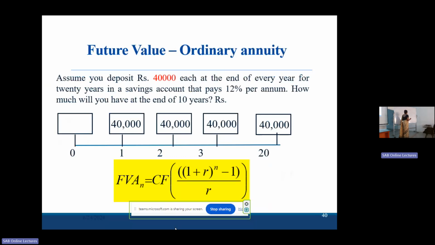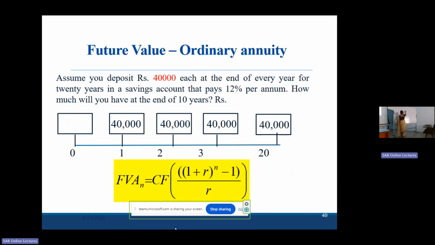In this case, the cash flow frequency is 12, so the compounding frequency should also be 12. Remember, if more than one cash flow is deposited within a year, we have to compound consistent with that cash flow frequency. In here, if you deposit 40,000 monthly, you have to compound consistent with that cash flow frequency. So then you can calculate the value.